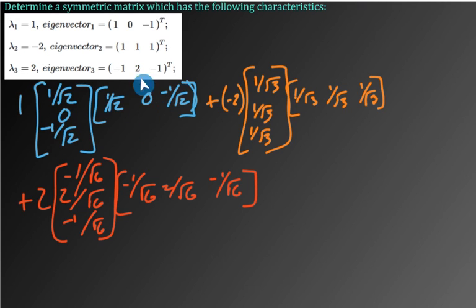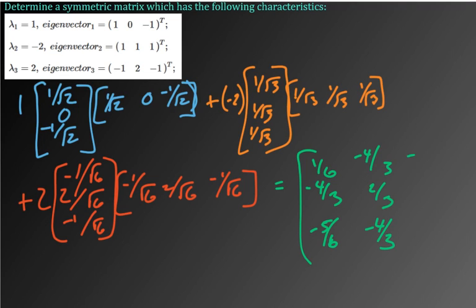So you're getting a 3 by 3 plus a 3 by 3 plus a 3 by 3. And these are the kind of things you can do on your calculator to speed everything up. I'm fine with that at this point. And so if you do that out, you get 1/6, negative 4/3, negative 5/6, negative 4/3, 2/3, negative 4/3, negative 5/6, negative 4/3, 1/6.